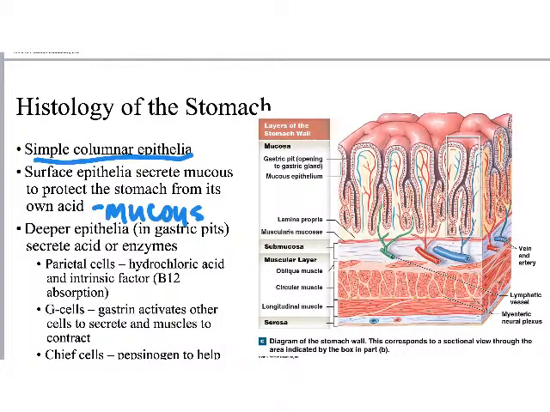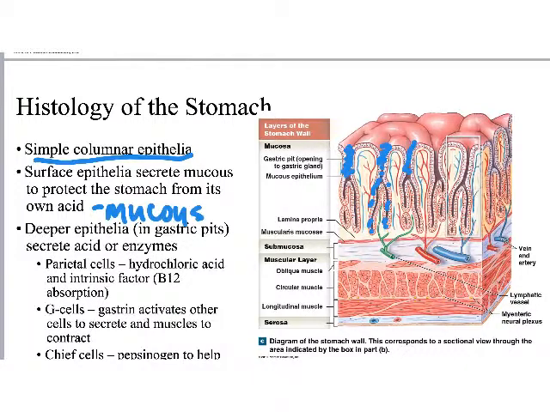But there's a mucus layer that's secreted by some of these epithelial cells that helps to protect that innermost layer. The deeper epithelial cells, the ones that go down into the pits here, are different. These more surface ones are producing the mucus that helps protect. But deeper, there's multiple types of epithelial cells, and I'm going to just mention 3 of them here. You'll learn more in physiology.